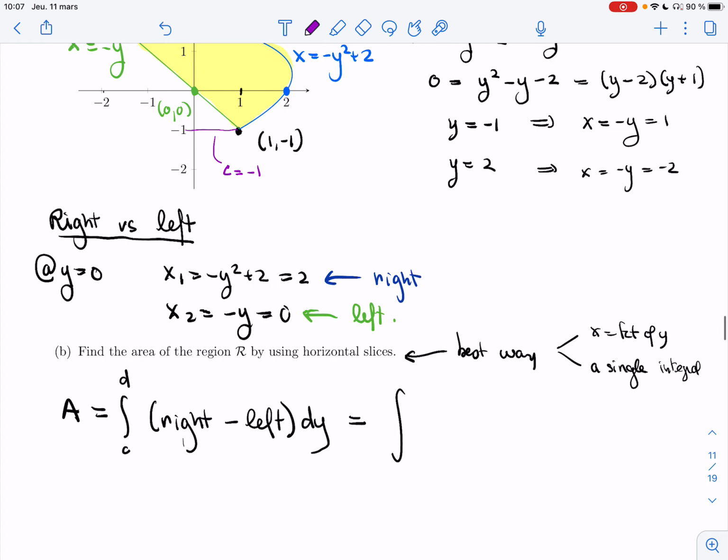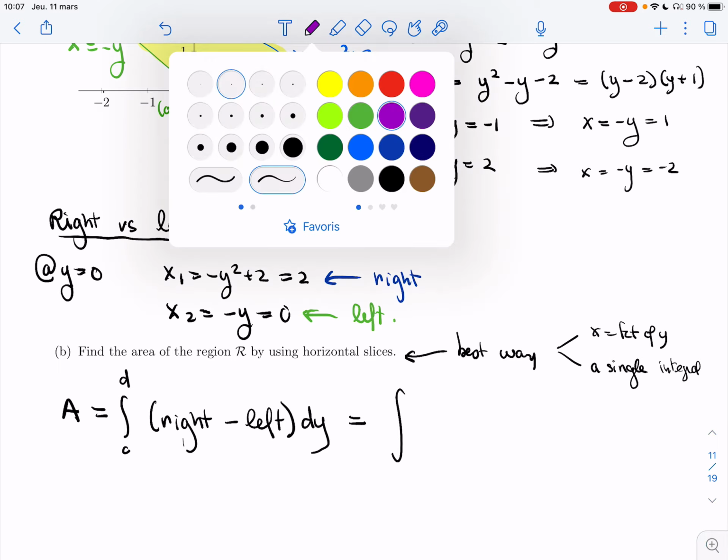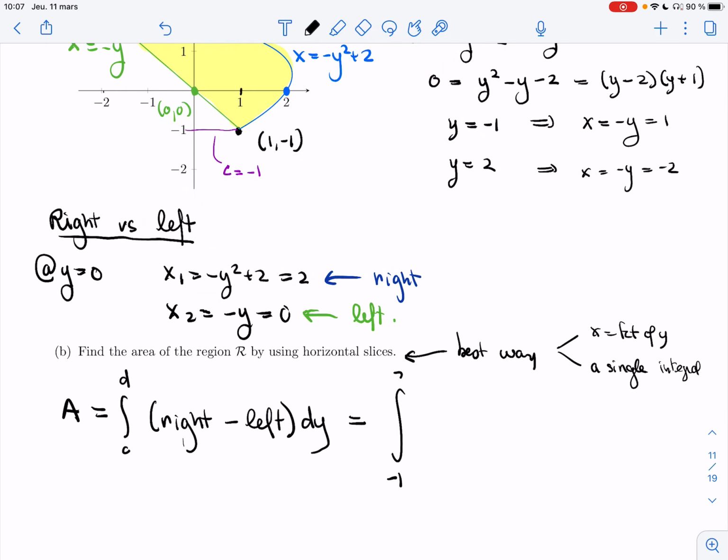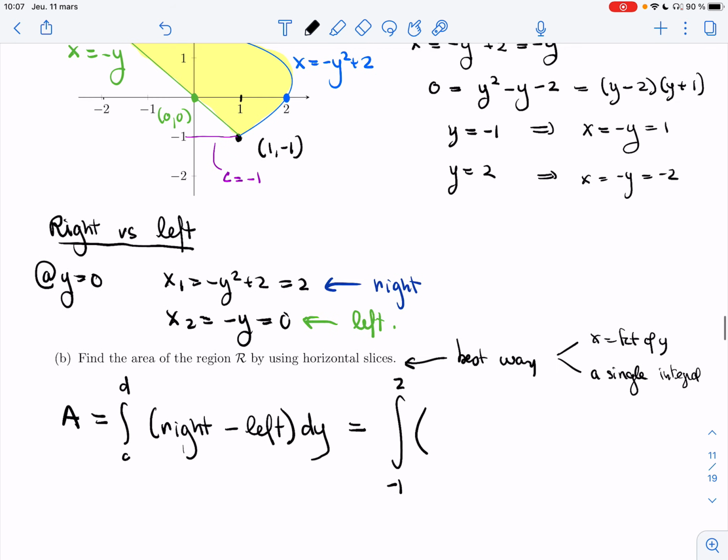All right, so I have the integral from minus 1 to 2. Right, we said the right curve was the blue curve, so right is minus y squared plus 2. Left is the green curve, and so it's minus y.